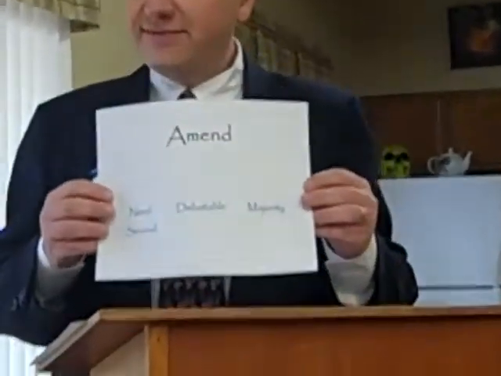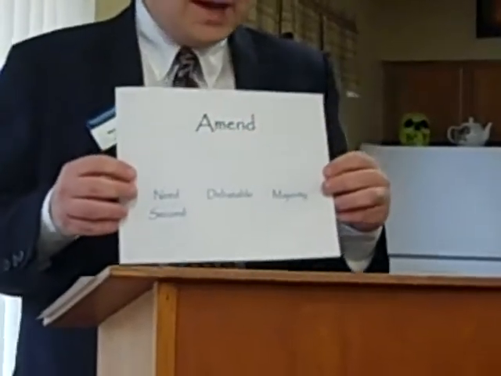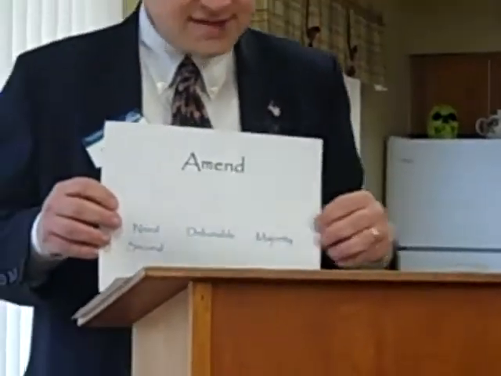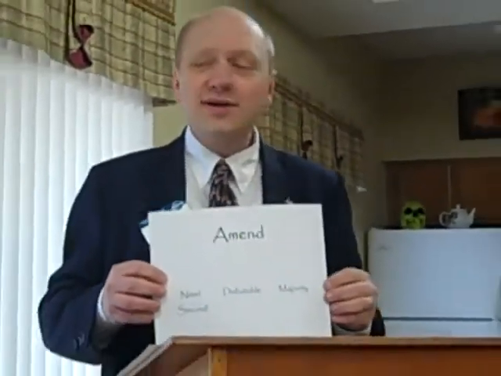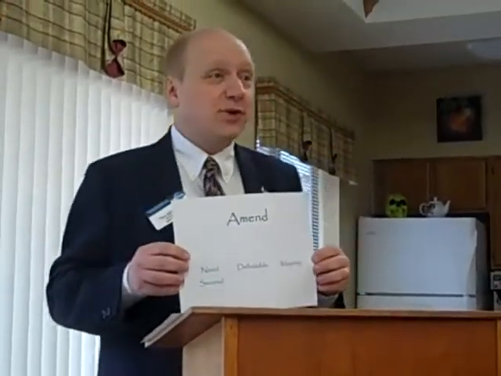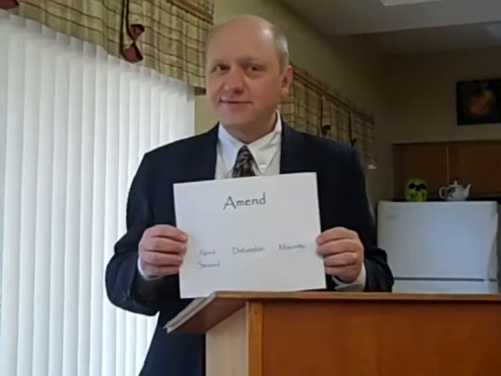A member would move to amend the main motion, such as, the example they gave here was if you had a motion to buy a new computer, someone may amend it by adding at the end, not to exceed $1,000.